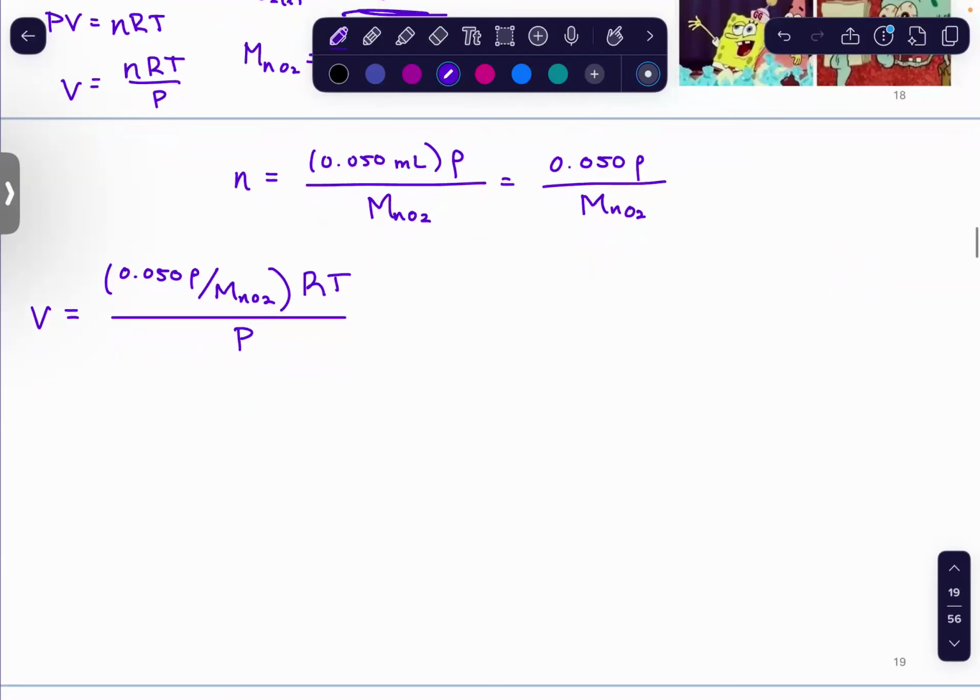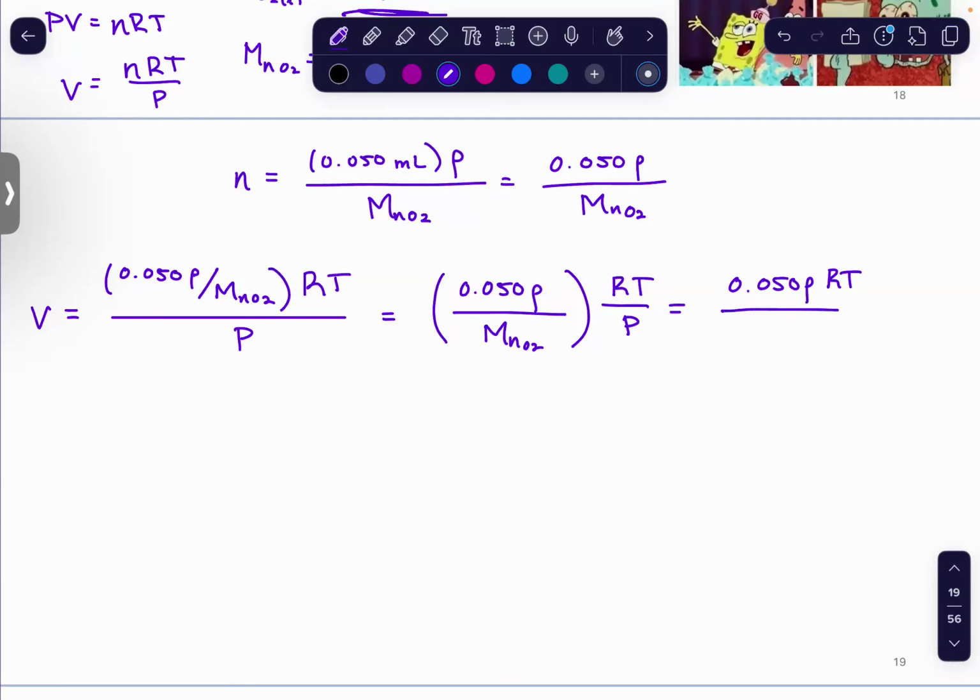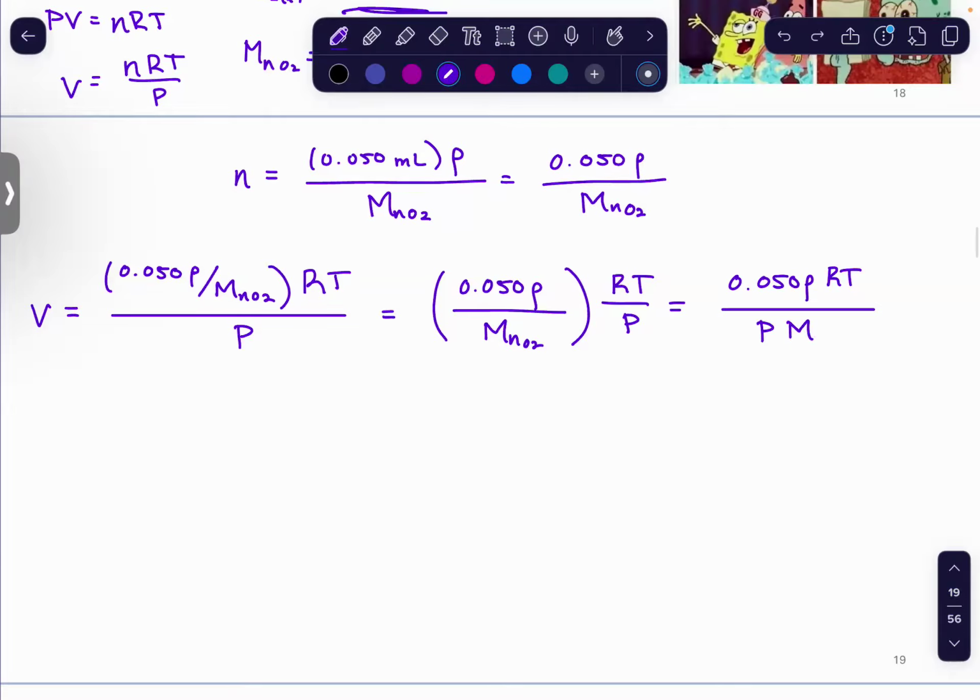Okay, so now this is essentially going to be its own fraction, 0.050 rho. And that's just going to give us 0.050 rho RT over the pressure times the molar mass of oxygen.